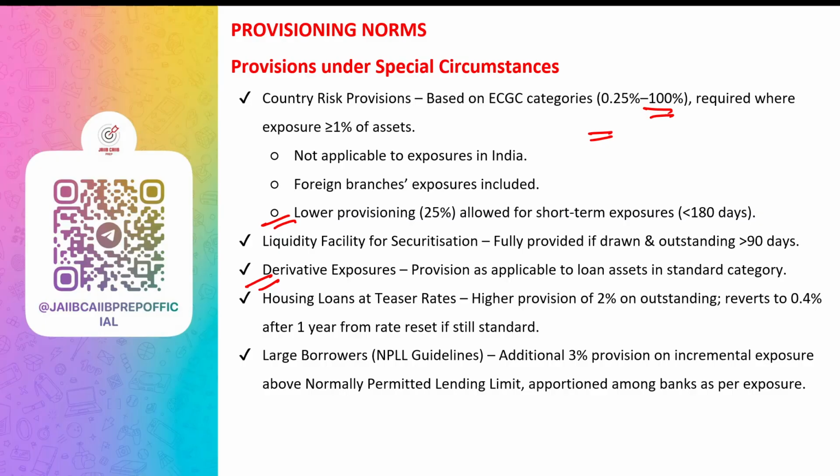After 1 year of reset, if the loan amount remains standard, provisioning reduces to 0.4%. Large borrowers. So, as per RBI guidelines, for very large borrowers, if the banking system's total exposure to the borrower exceeds the normally permitted lending limit, banks must make an additional provision of 3% on incremental exposure.